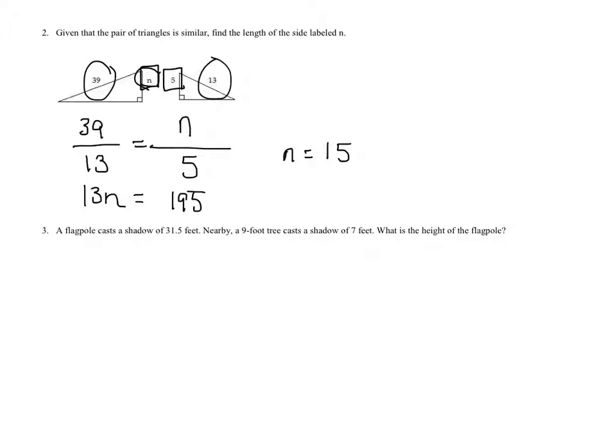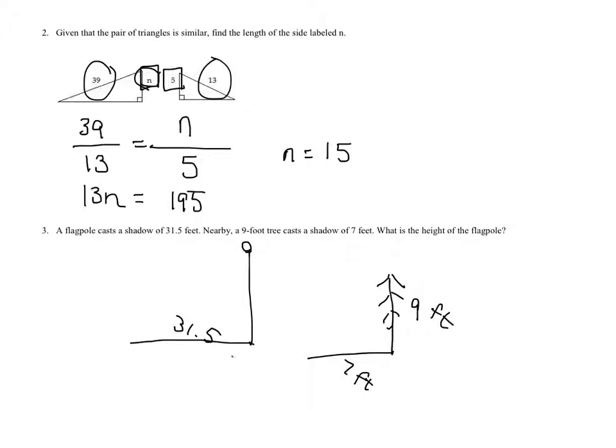Okay, a flagpole casts a shadow. Here's the flagpole. It casts a shadow of 31.5 feet. Nearby, a 9-foot tree casts a shadow of 7 feet. I'm going to label these in feet here. What's the height of the flagpole? So these are similar triangles.